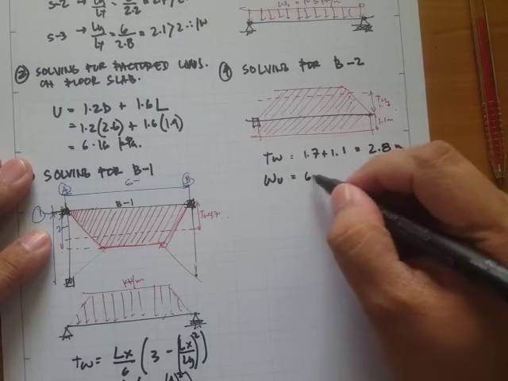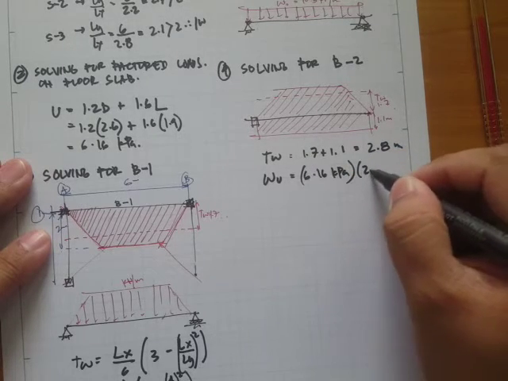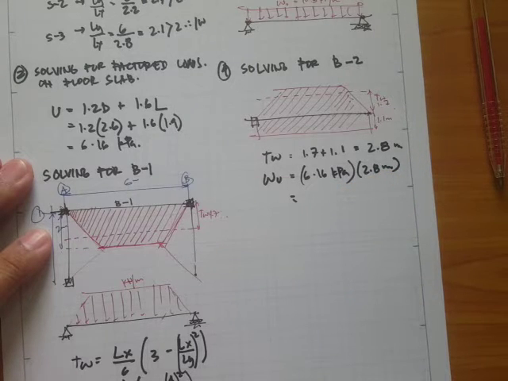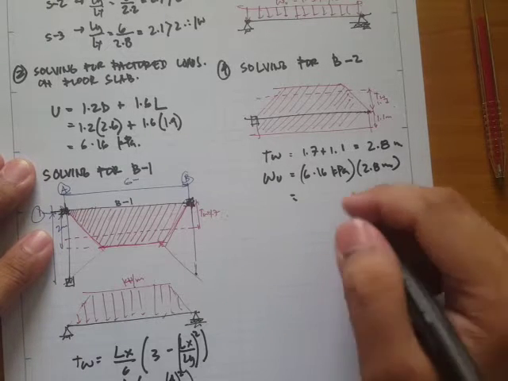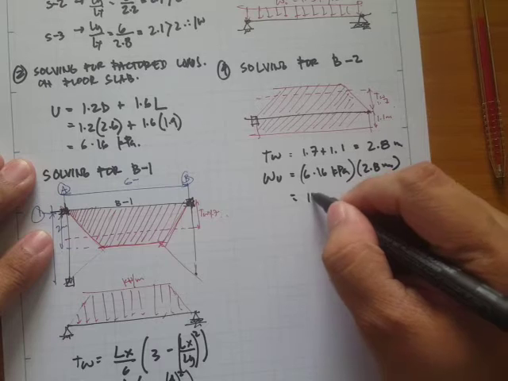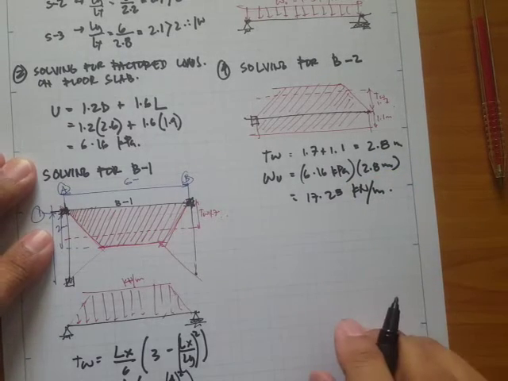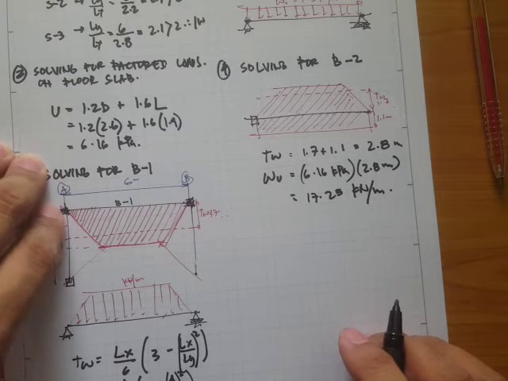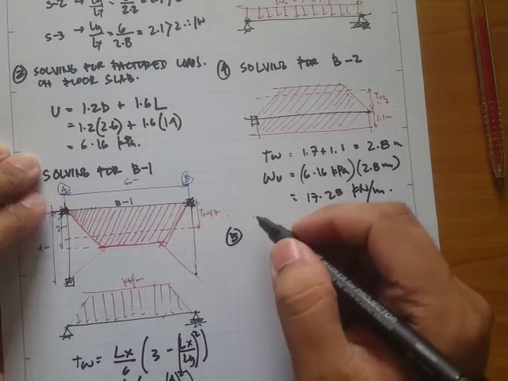That's going to be 6.16 kilopascals times 2.8 meters, and we get a value of 17.25 kilonewton per meter.